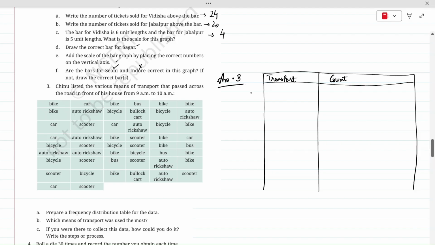What we have is a bike, then a car, next bus, bicycle, auto rickshaw, I'm writing auto, and then scooter.